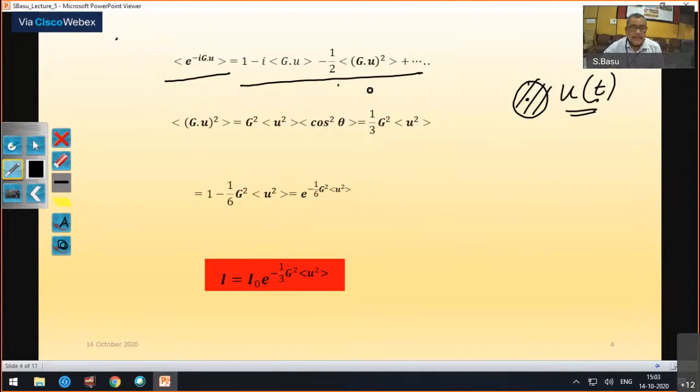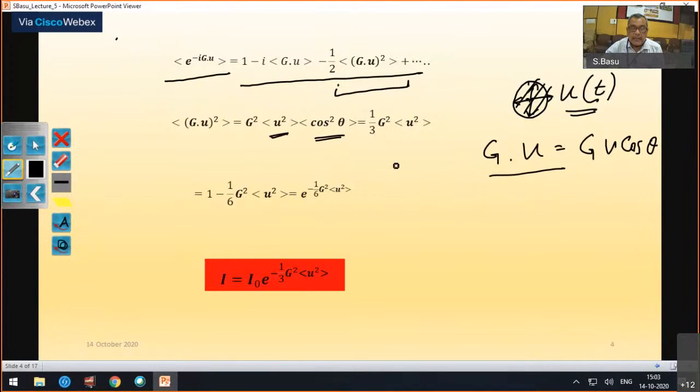And then I told you that since this u is symmetric in time, the average value of g dot u, which is g u cos theta, will give me 0 because it oscillates equally in all the directions, and then the term that remains is g dot u square. I can do the averaging over the displacement amplitude and the angle with respect to the coordinate system individually.